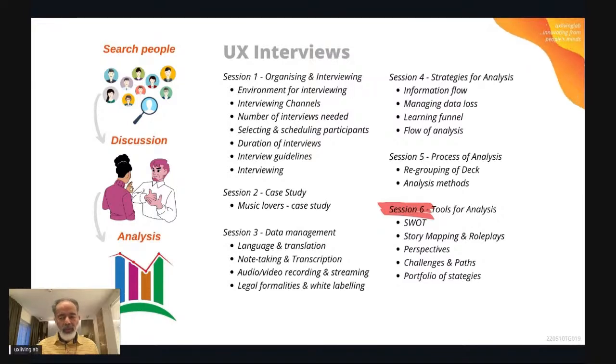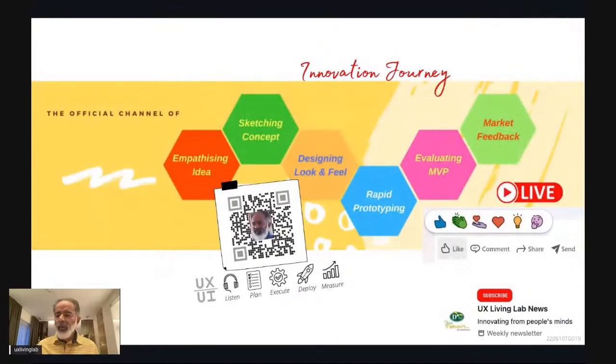What are the tools we have to use for different analysis? That's the explanation I'm giving today, based on the main basic tools. Whatever we are talking about is the innovation journey, that is from ideation, concept, look and feel, prototyping, MVP, and feedback.